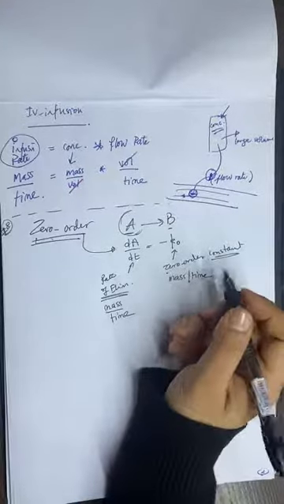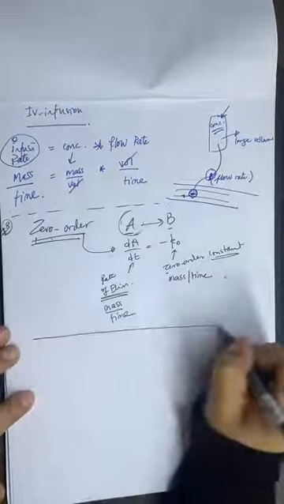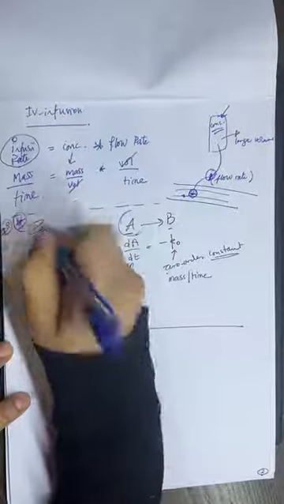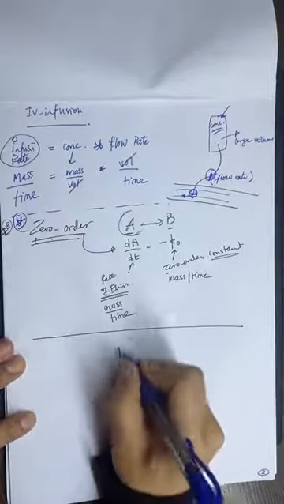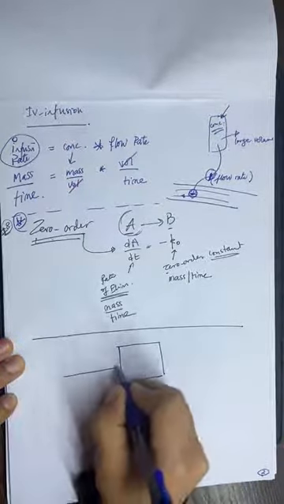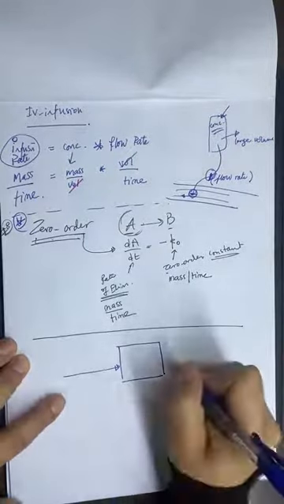Okay. So when we are talking about infusion, this is just a side note. When we are talking about infusion and one compartment model, we have a process here that is related to the infusion.